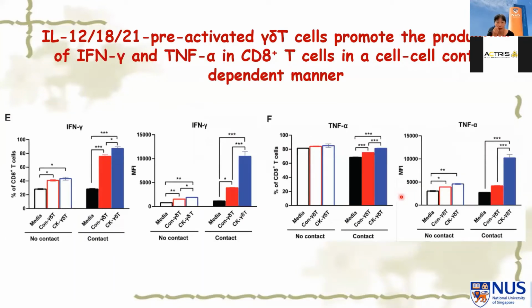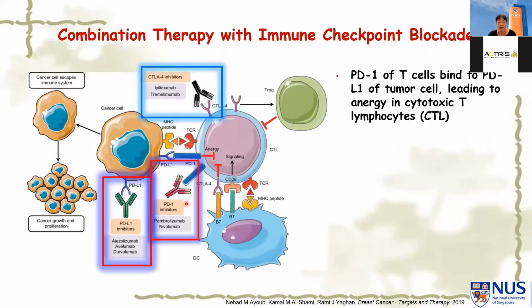So similarly with interferon gamma and TNF production, in the contact group, the activation is more dramatic compared to the no contact group. So this is an activation of host CD8 T cells through a cell-cell contact dependent manner. So we're still trying to figure out whether this is MHC class 1 dependent, which requires antigen presentation.